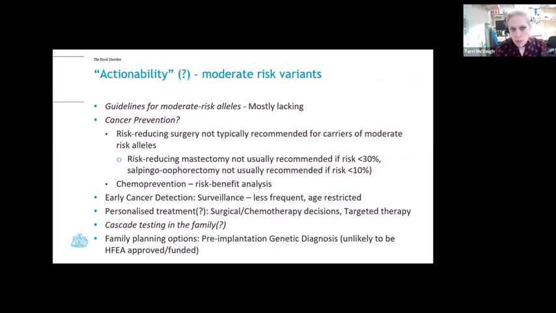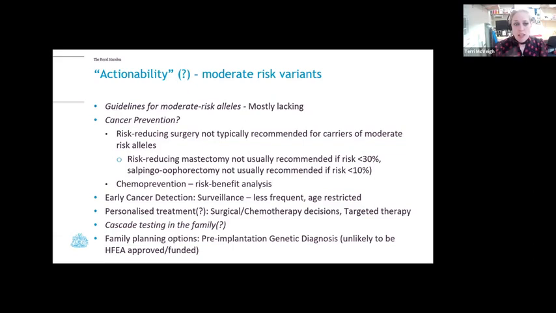Surveillance, certainly there's a case to be made for it, but the surveillance that we offer to women at moderately increased risk of breast cancer is nowhere near as high intensity as it would be for somebody like a BRCA carrier. So you're mainly focusing on mammographic-based screening rather than MRI. In terms of personalized treatment, possibly, maybe, there's some positive studies out there looking at PARP inhibitors and ATM variants, things like that, but that's all still to be clarified.